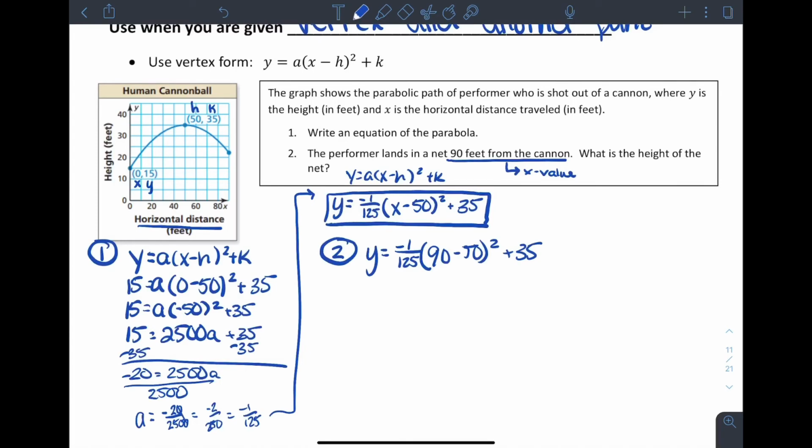I'm going to do 90 minus 50, which is 40. Negative 1 over 125 times 40 squared, and then I'm going to add 35 to that. So y equals negative 1 over 125 times 1,600, since 40 squared would be 1,600. If you need to use a calculator, that's okay.